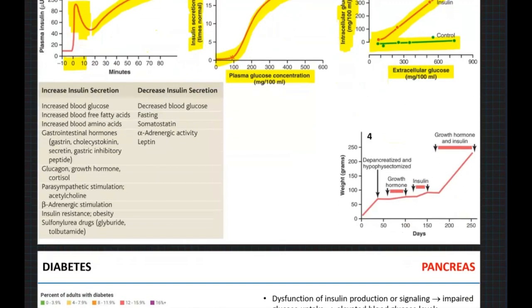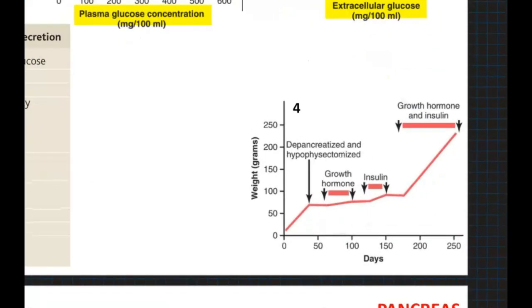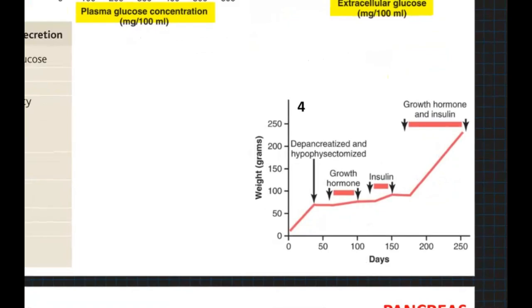Now, another important role of insulin: it cooperates with growth hormone. So I really like that graph. You have experimental rats that don't have a pancreas and don't have a hypophysis or pituitary gland. So effectively, they do not produce growth hormone and they do not produce insulin.